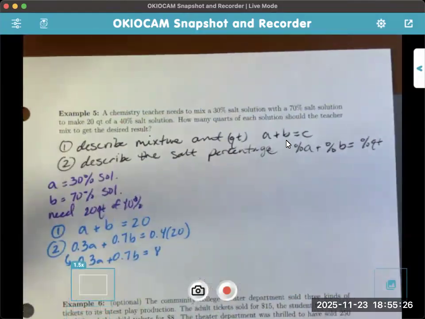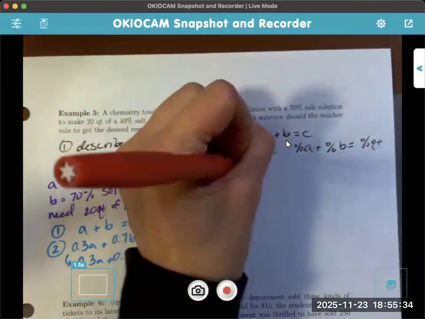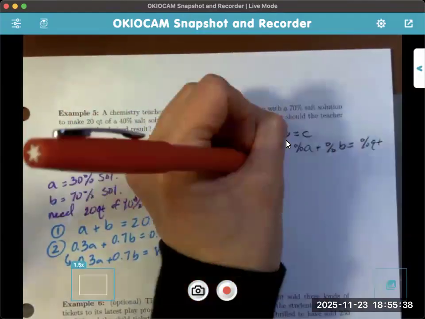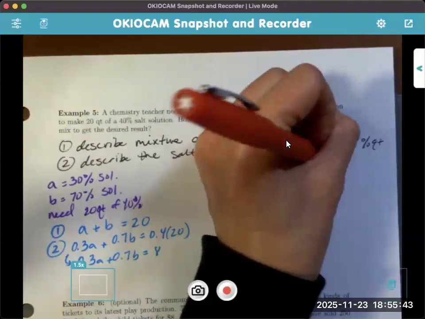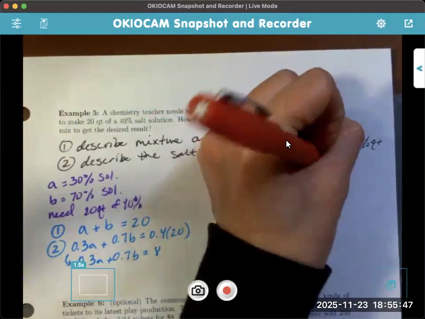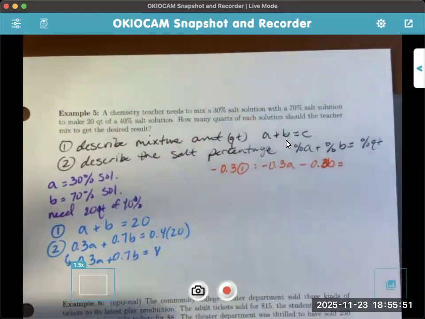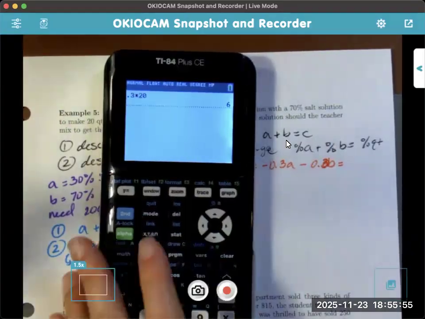I will say that we will run a negative 0.3 through equation 1 so that we eliminate A. So it's negative 0.3A minus 0.3B equals negative 0.3 times 20, which is 6.